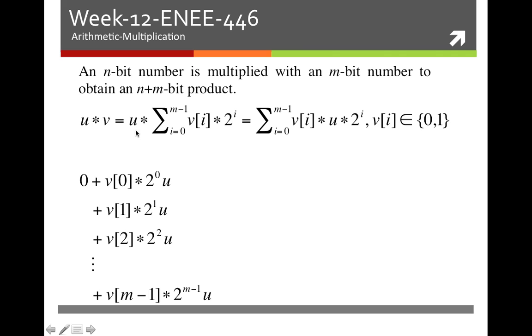So the summation that we've written here, which represents v multiplied with u, is equivalent to the summation on the right-hand side, where we just bring u inside the summation. And this really reveals it all.